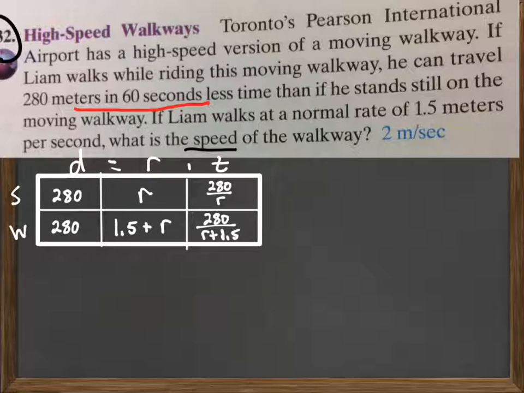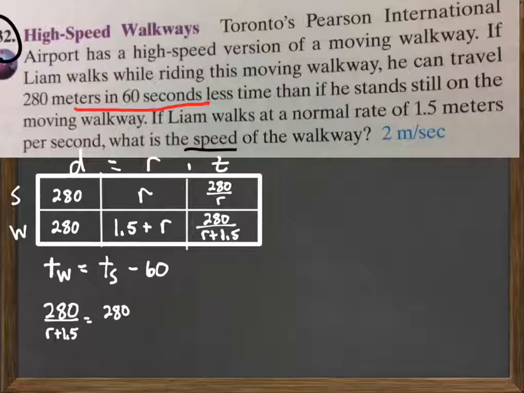It takes 60 seconds less time if he walks than if he stands still. So the time walking will be the time standing still, take away 60. And we're already in units of seconds because the rates we were given were in meters per second, so we're good to go there.